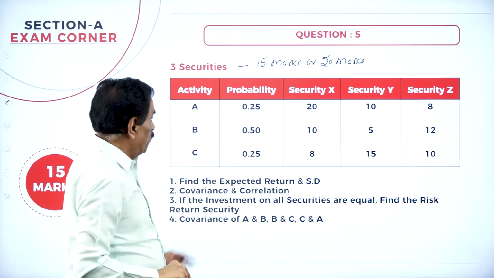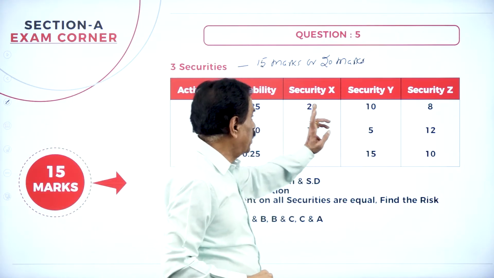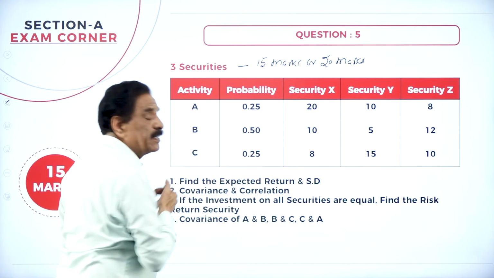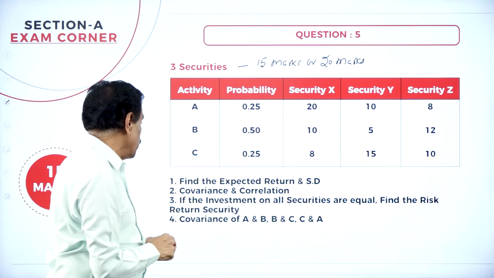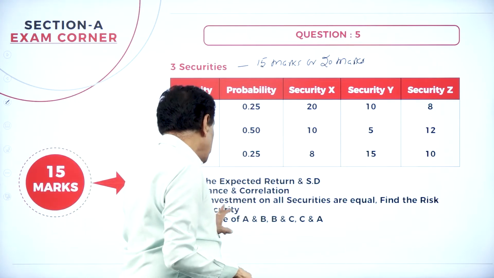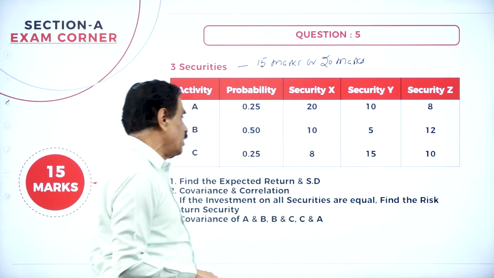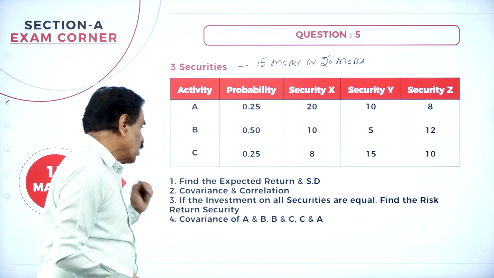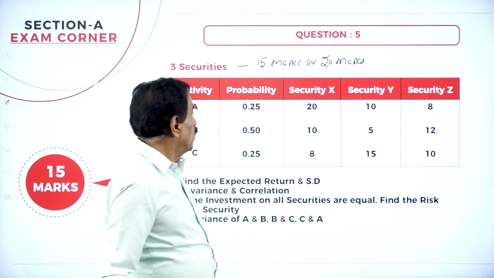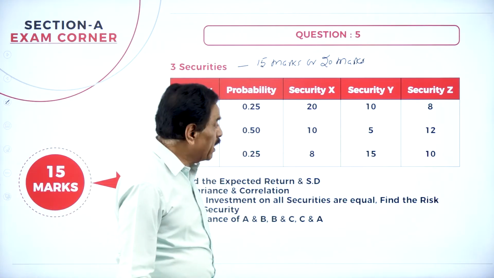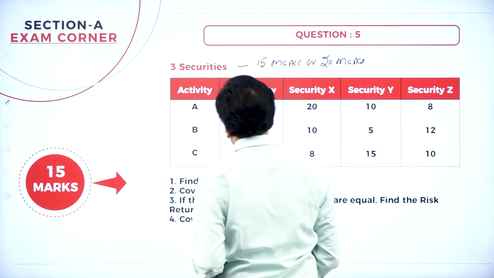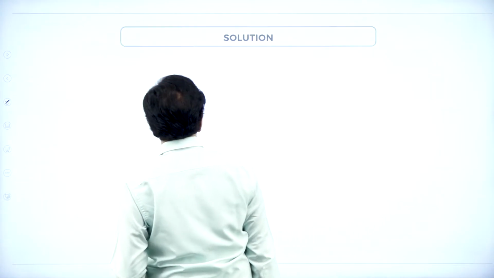Security X, security Y, security Z. You want to find the expected return, standard deviation, covariance and correlation between the three. If the investment in all the securities is equal, find the risk and return, and the covariance of A and B, B and C, and C and A. We'll go slowly, one by one.